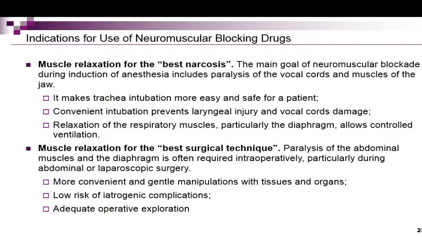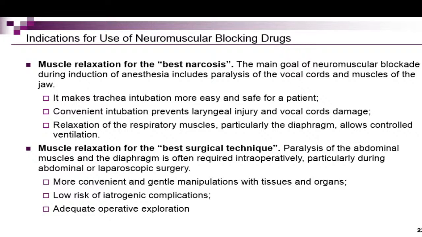Muscle relaxation for the best surgical technique. Anesthesiologists should provide best conditions for performance of surgical operation by surgical team. Paralysis of the abdominal muscles and the diaphragm is often required intraoperatively, particularly during abdominal or laparoscopic surgery. It gives more convenient and gentle manipulations with tissues and organs of abdominal cavity and thoracic cavity.